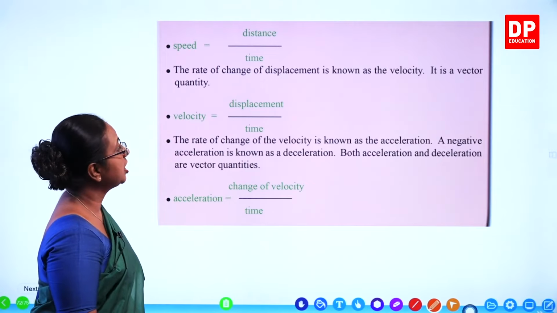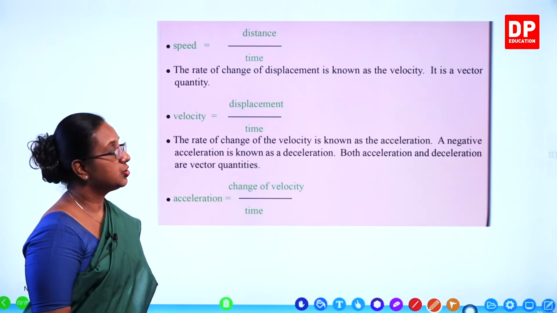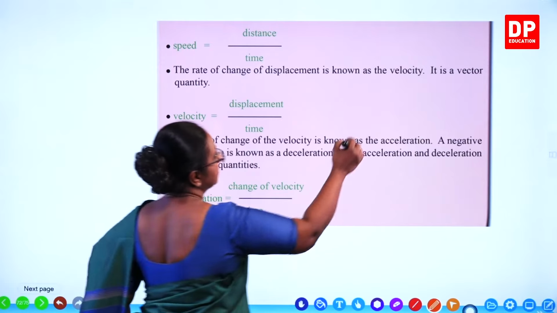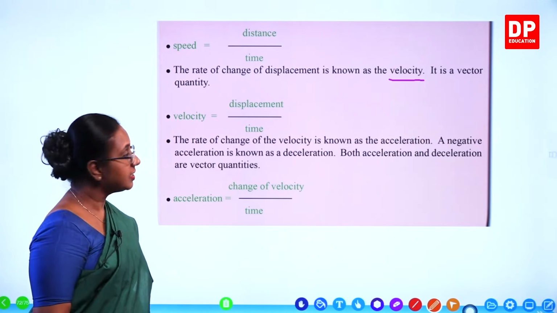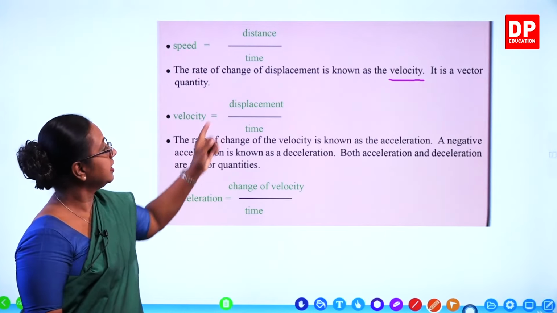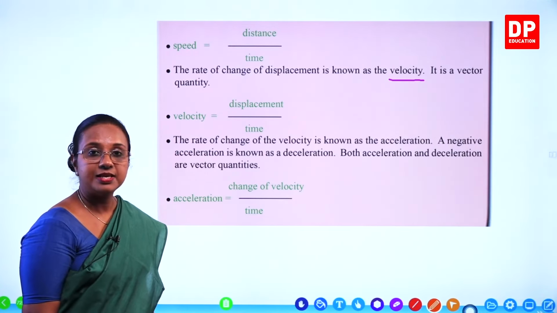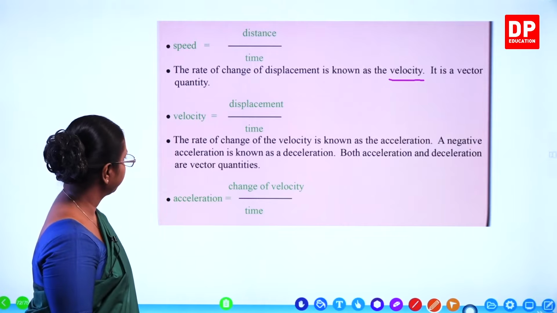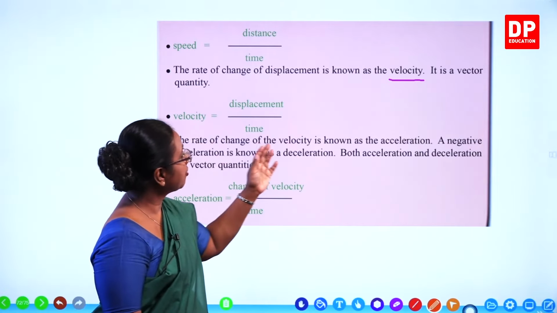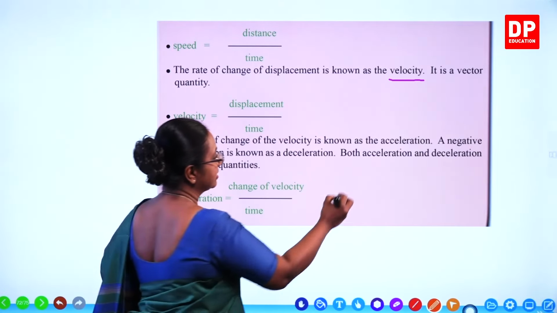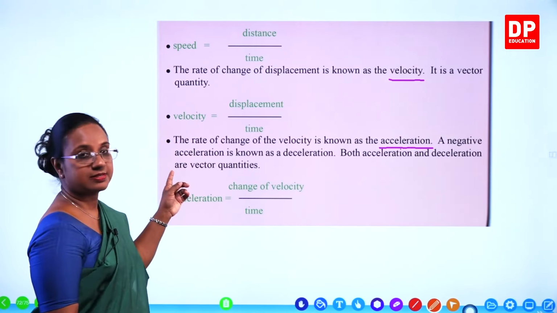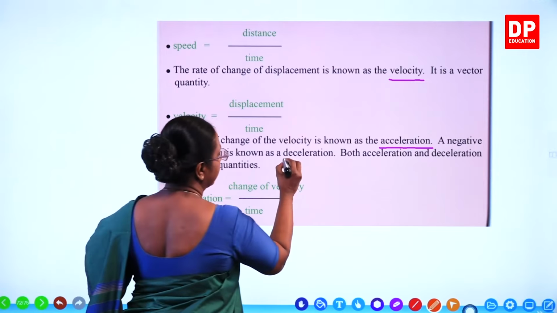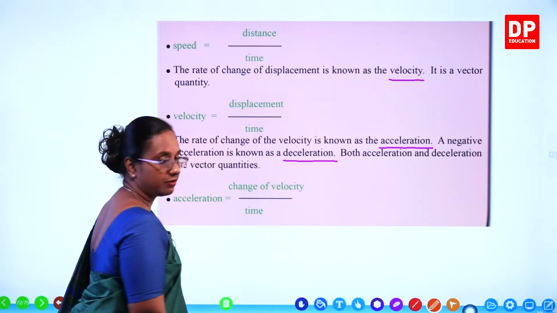The rate of change of displacement is known as the velocity. That is the next quantity, and it is a vector quantity. Velocity, the equation is displacement over time. The rate of change of velocity is known as the acceleration. A negative acceleration is known as a deceleration.